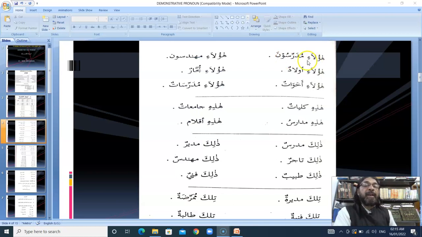It will be used for male and female, for both. Wawnun is an indication of plural form. So haulai mudarrisuna, these are teachers. Haulai muhandisun, these are engineers. Haulai awladun, these are boys.